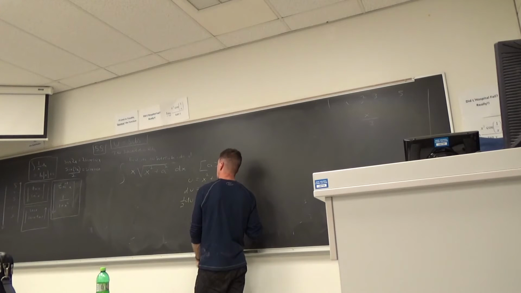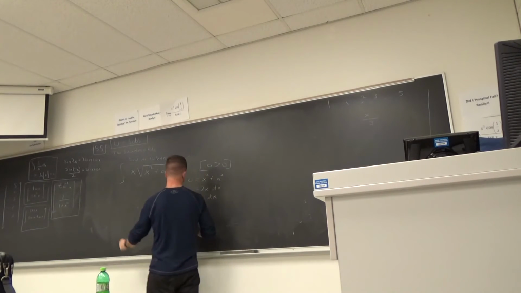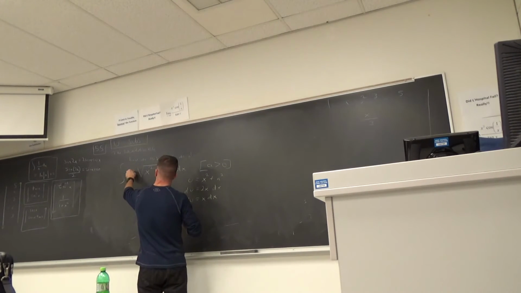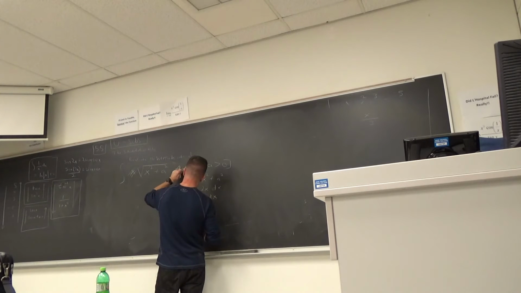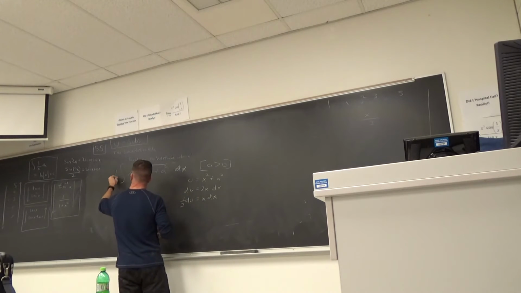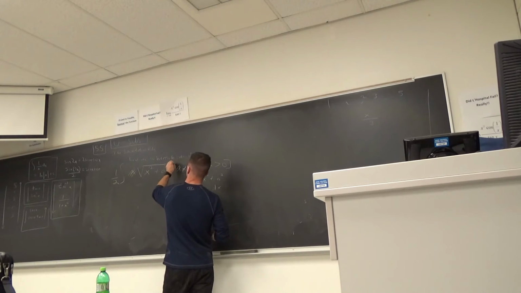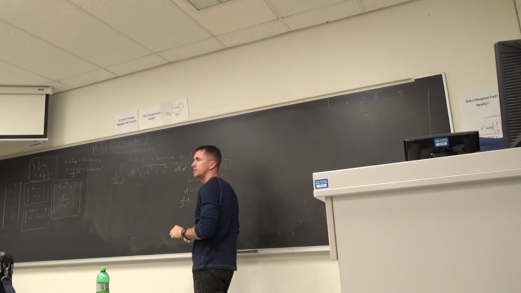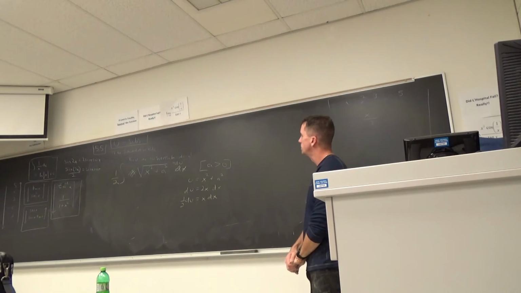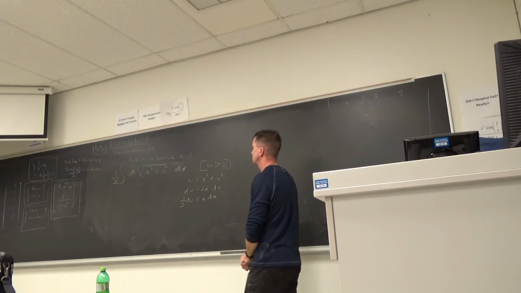Okay, now what do we get? 1/2 and a du. Now what knocks this middle stuff out?